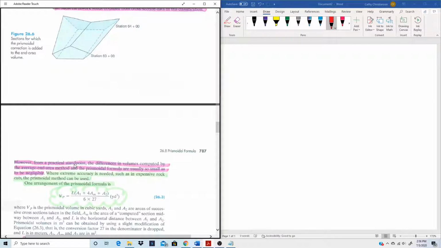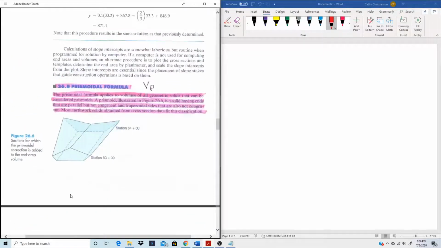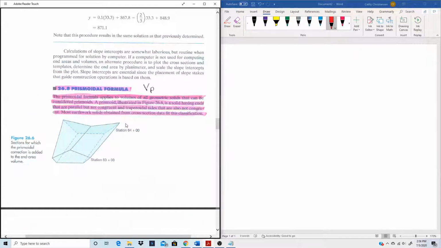Where you need something extremely accurate, like expensive rock, we're going to use V sub P, which is volume by Prismoidal. It's going to be V sub P equals L, and L is the distance from outside station to outside station.